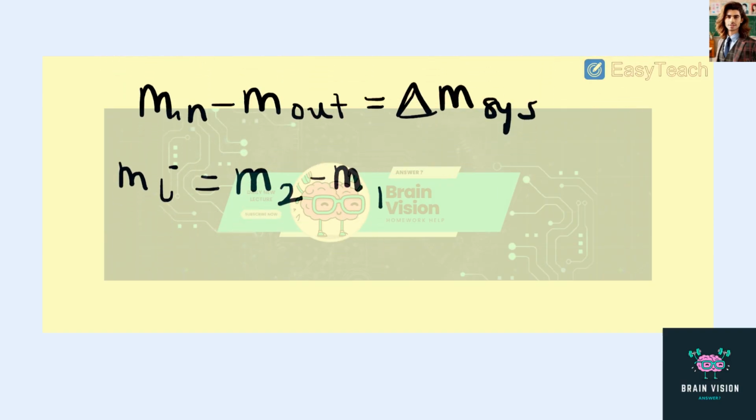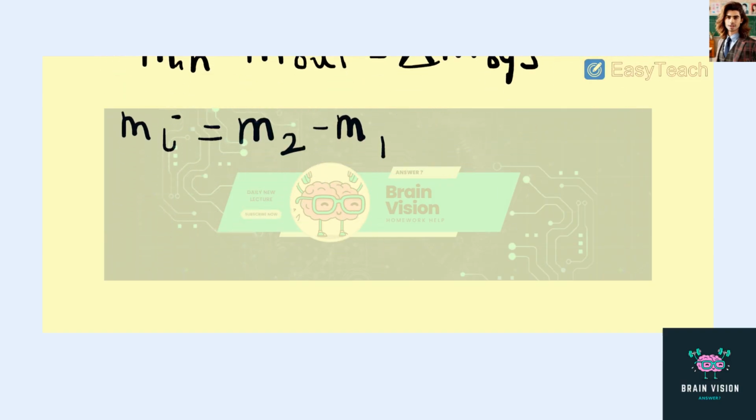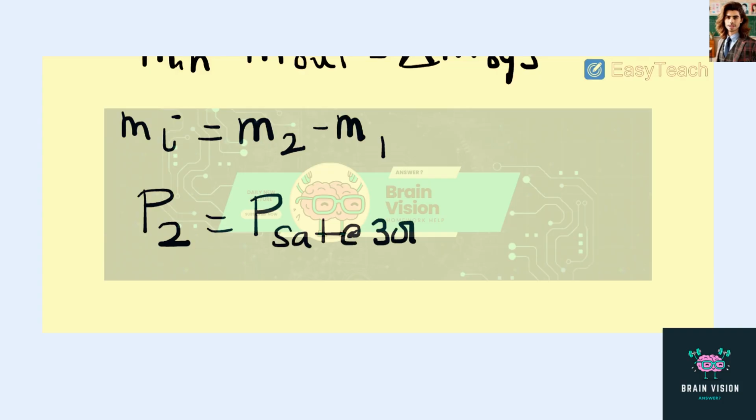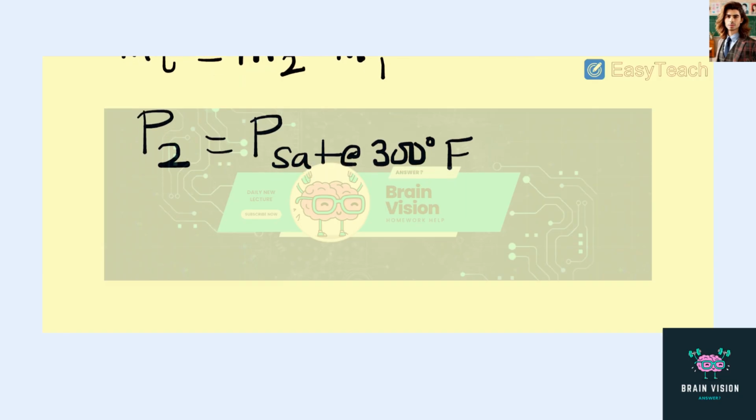So we can also say that the final pressure in the tank, so P final, which is going to be P2, is going to be equal to the saturation pressure at 300 degrees F. So from the steam table, that is table A-4E, at temperature T1 equal to T2.